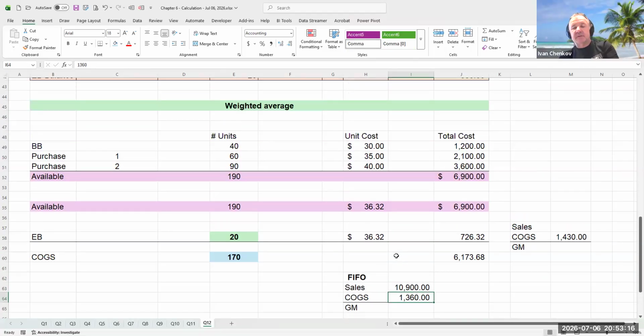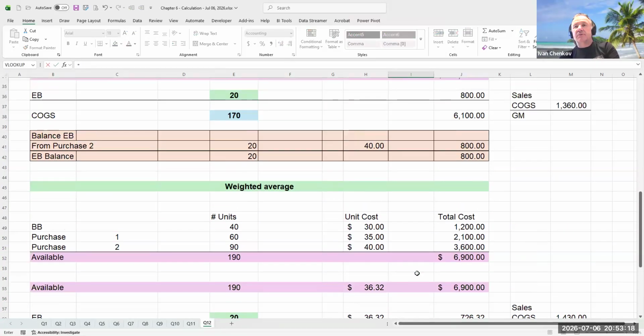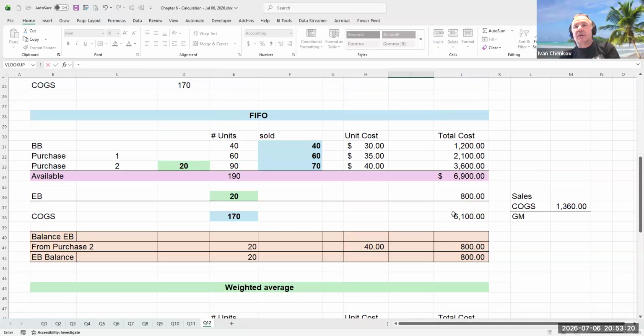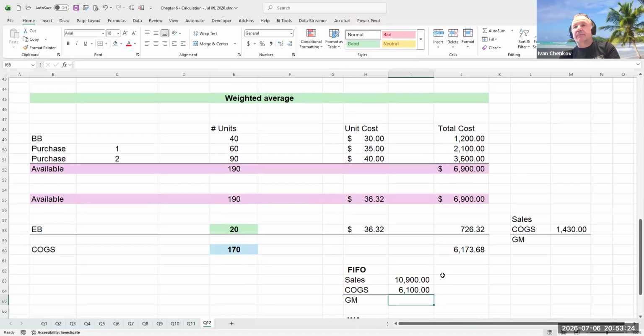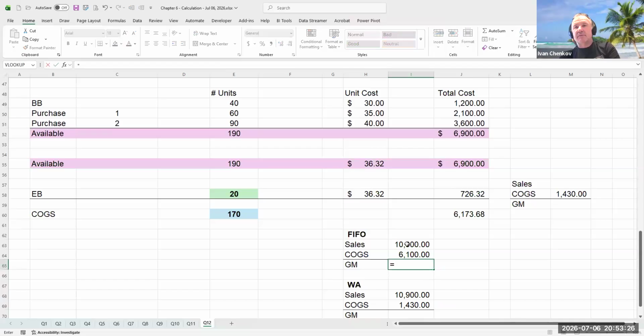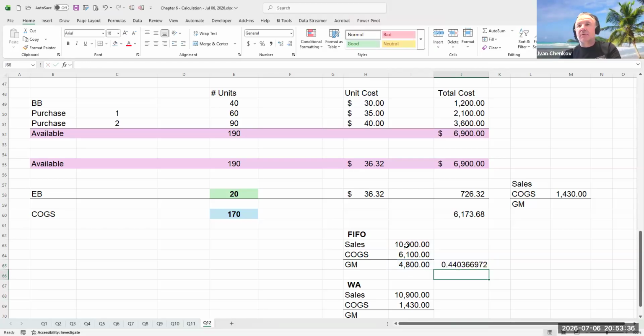Now, under first in, first out, how much is our cost of goods sold? We calculate 6,100, correct? Which gives us gross margin of this one minus this one. We have gross margin of 4,800. As a percentage, this one is equal to 44%.